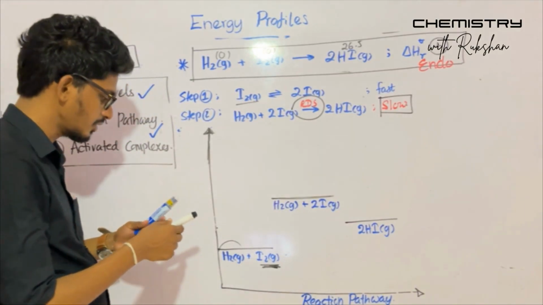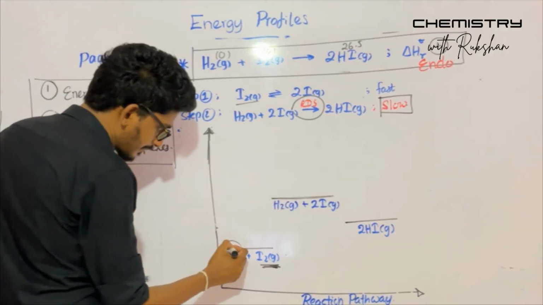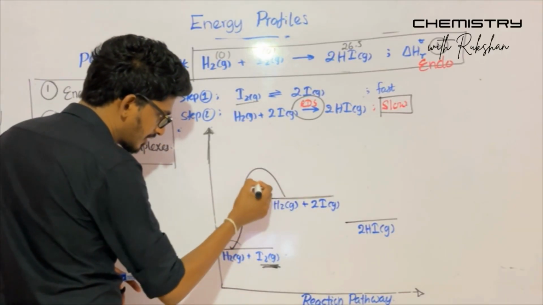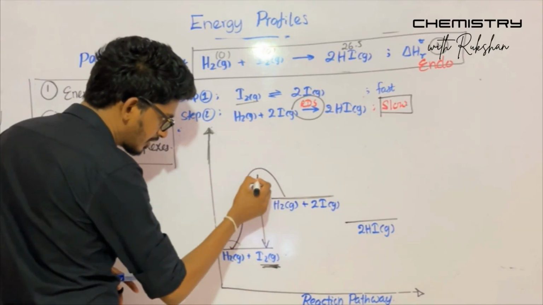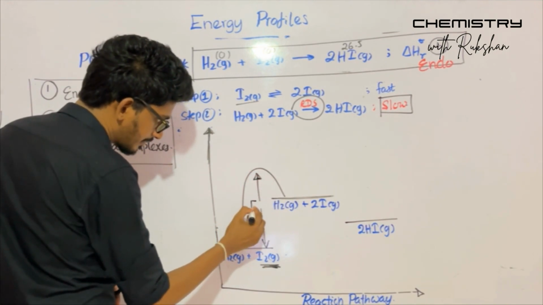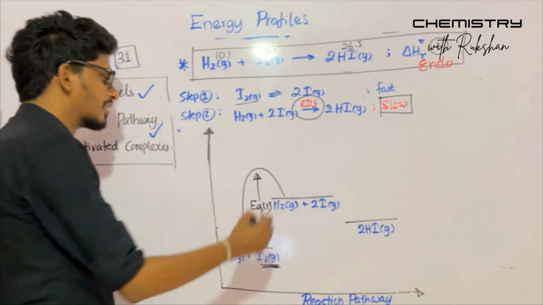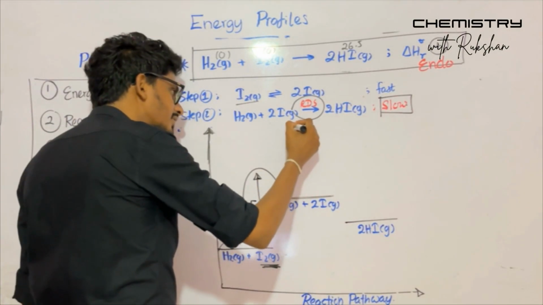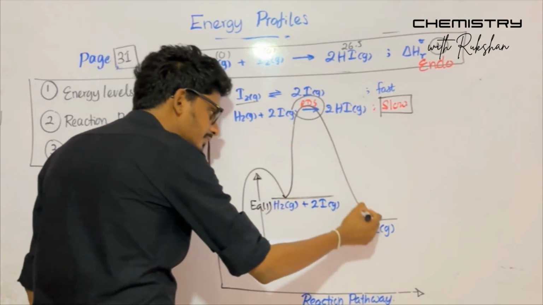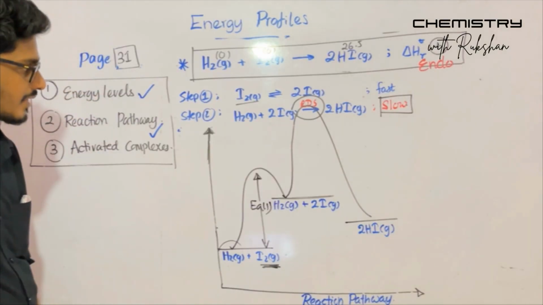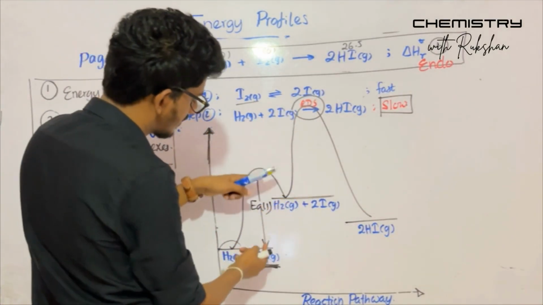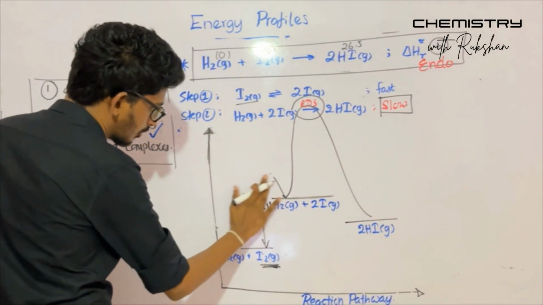If this is the activation energy of the first step, EA1, the activation energy of the second step should be greater than that. This should be greater than this.